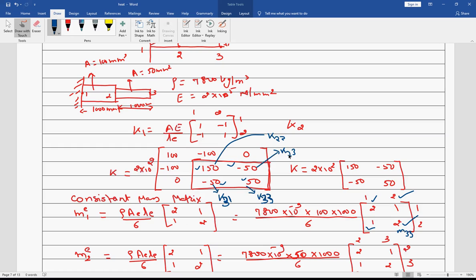So I can say K22, K23, K31. No, this is K23, third row, second column. So K32, K33. Again, I repeat, this is K22, K23, K32, K33. Similarly, I will have M22, M23, M32, and finally M33.